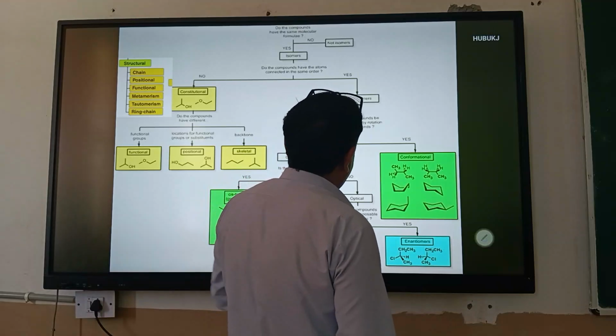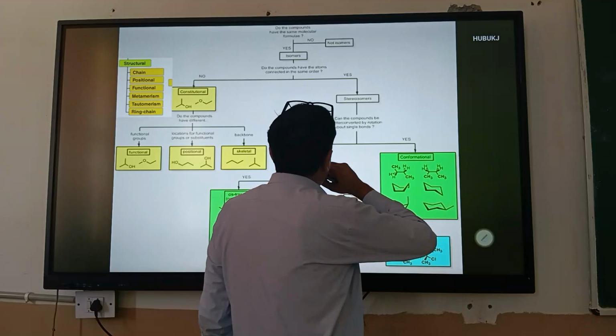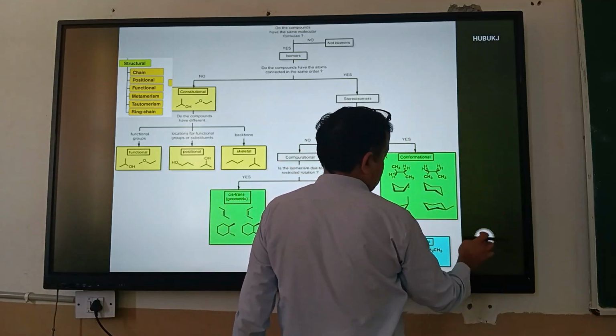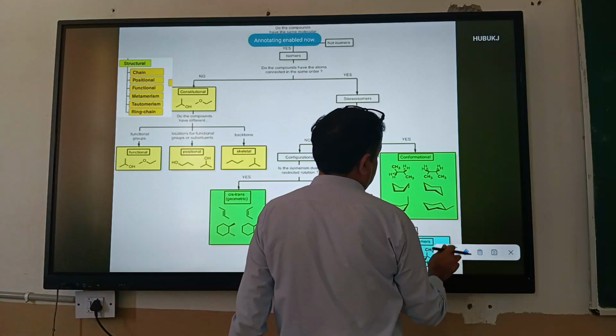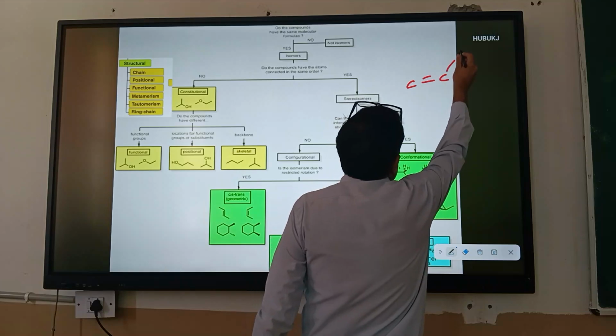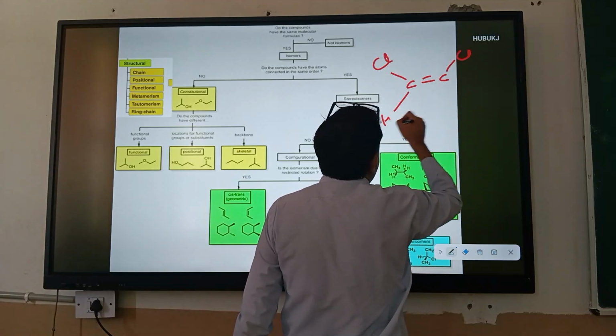Here 2 different types of isomers are with you, which have the same connectivity. Let us see, you have these two compounds.